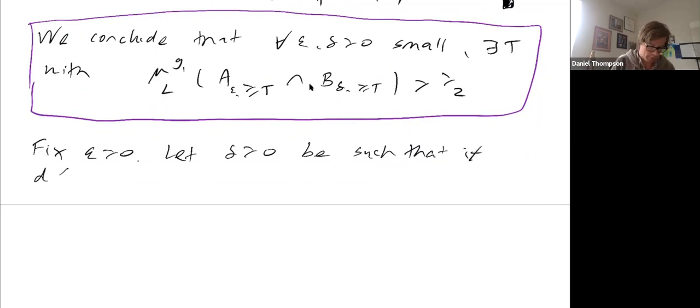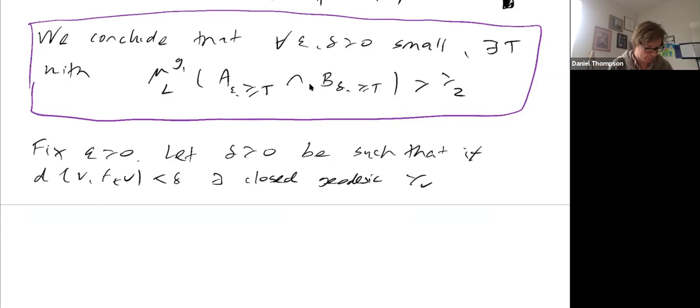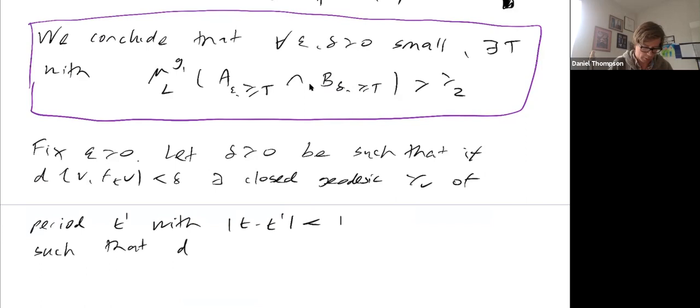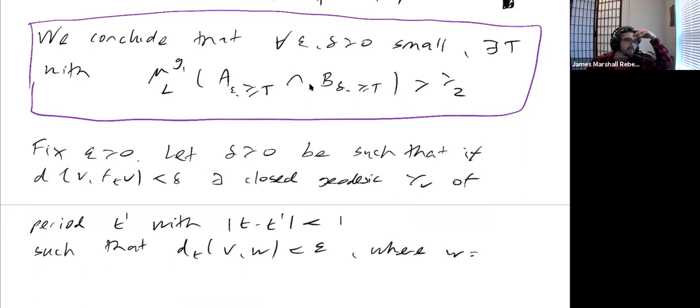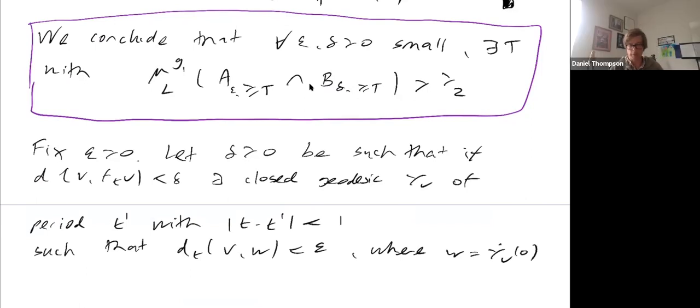That if d of B, if TB is less than delta, there exists a closed geodesic gamma V of period T prime with the difference between T and T prime less than epsilon, such that B sub T BW less than epsilon, where W is gamma V dot 0, if I parameterize it that way.